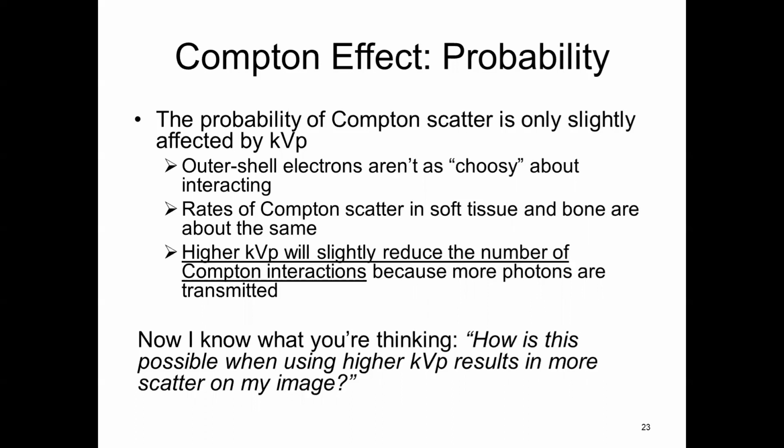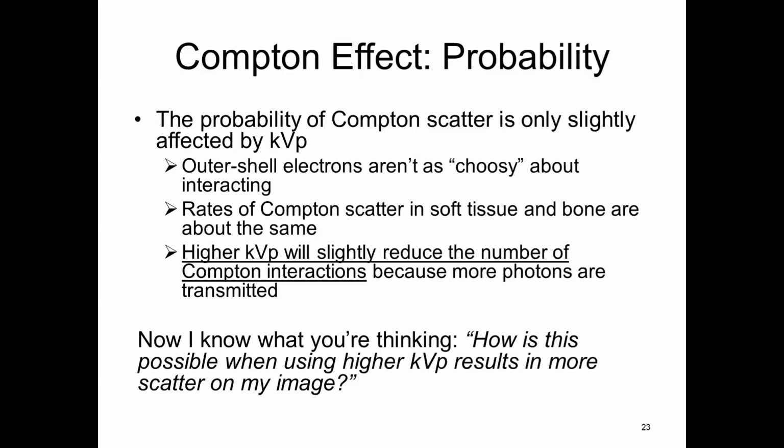So your initial photon, just summarizing the Compton interaction for you, comes along, interacts with an outer shell electron, gives up part of its energy, and knocks that electron away. That recoil or Compton electron goes off, does its own thing. The initial X-ray is not absorbed.